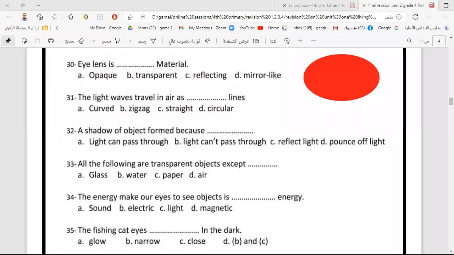Inside your eye, there is the eye lens here. Is it opaque or transparent? Opaque. Is it dark or clear to allow the light to pass? It allows the light to pass. So is it dark or clear? Is it opaque or transparent?